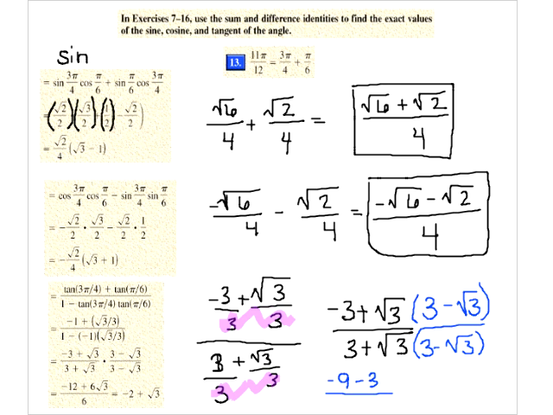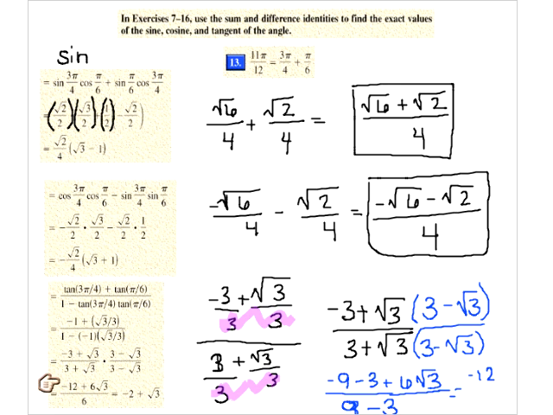Oh, nope, I get a positive 6 square root 3. I FOILed wrong in the numerator. Once you FOIL this out, hopefully you'll get the same thing here. Nine minus 3. There we go. I'll get it eventually, right? So negative 12 plus 6 square root 3 all over 6.